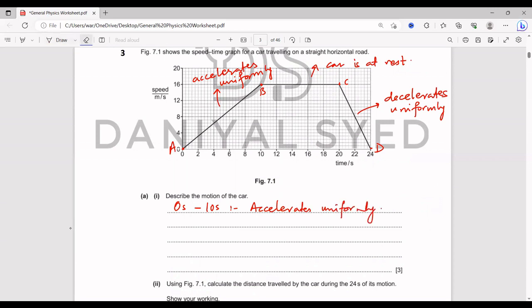Then 10 seconds to 20 seconds, the car is at rest. Then 20 seconds to 24 seconds, decelerates uniformly.